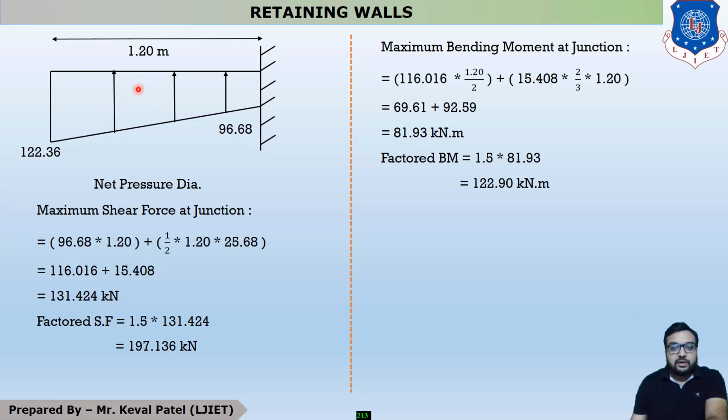What is the area of the rectangle? The area of the rectangle is L into B. The value of L is 1.2 and this is your B, which is 96.68. So the area of the first portion is 96.68 into 1.2.